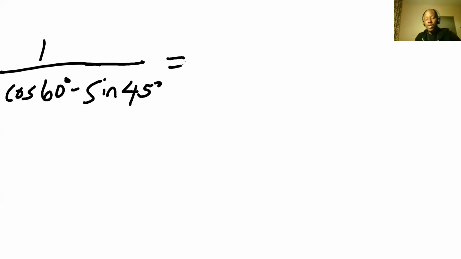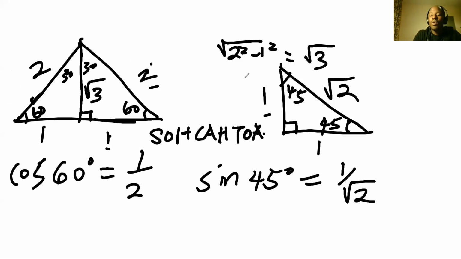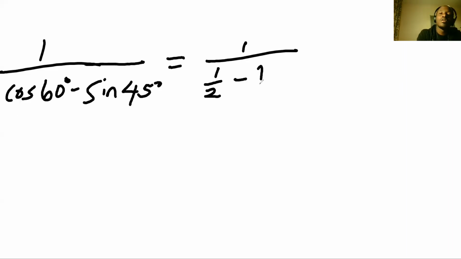So this one becomes cos 60, which we said is a half. Any candidate should know cos 60 offhand. Simple. Then sine 45 is 1 over root 2.